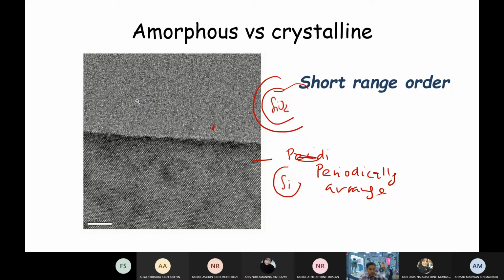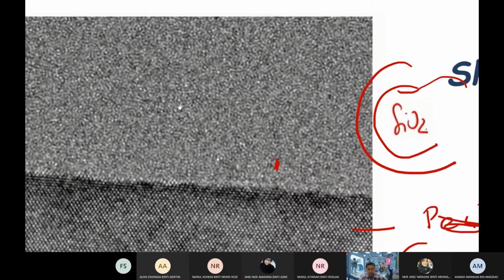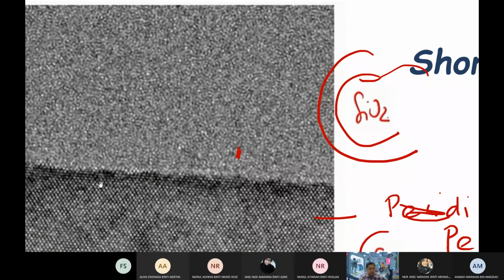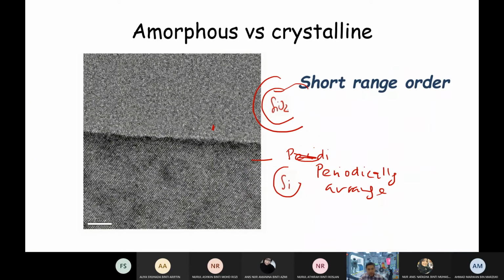But if you look closely at that image, we also notice that this particular structure is not completely random. Silicon oxide ni dia tak completely random. Dia ada juga susunan dia.